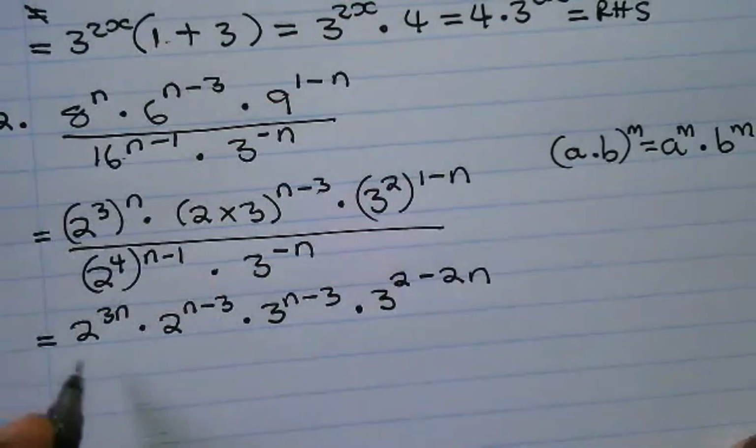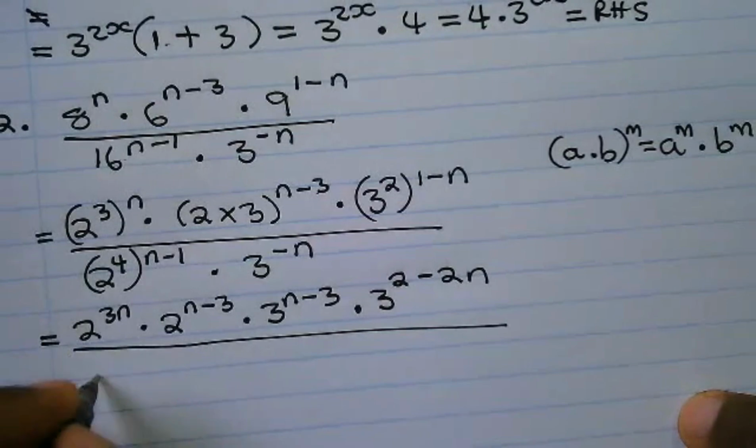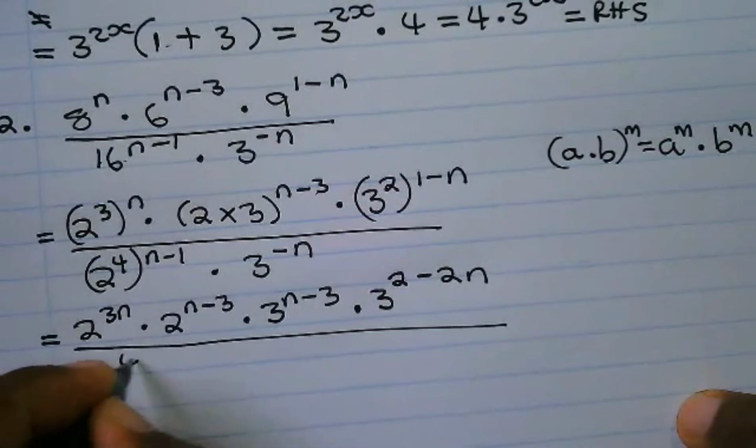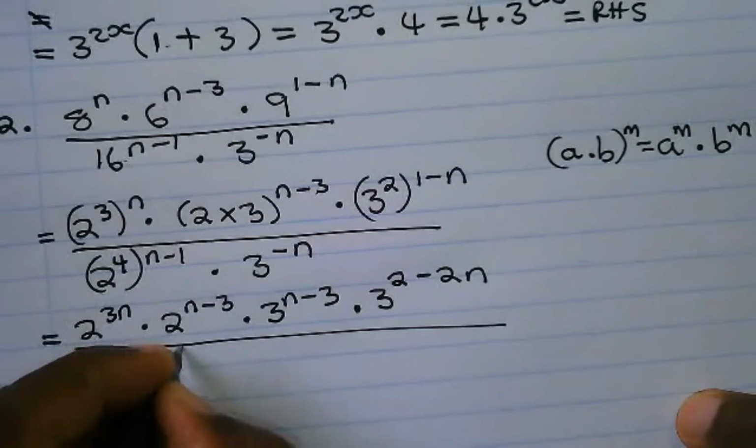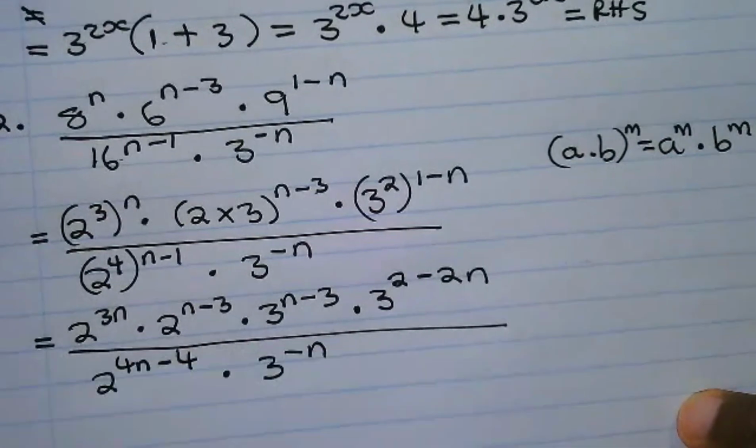And then 4 multiplied by this one also, so it is 2 raised to 4n minus 4. This is multiplied by 3 to the negative n.